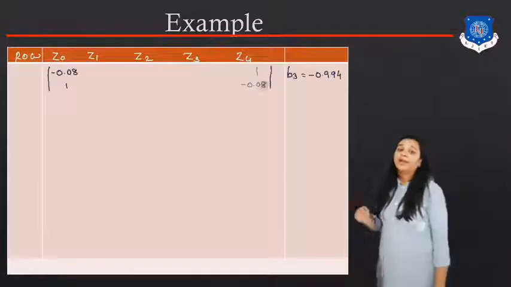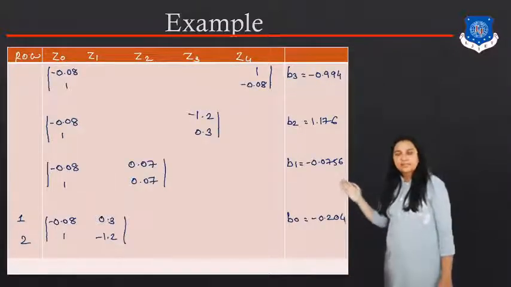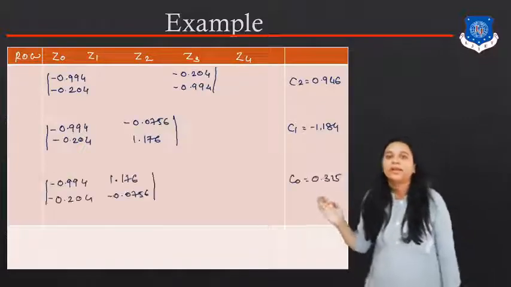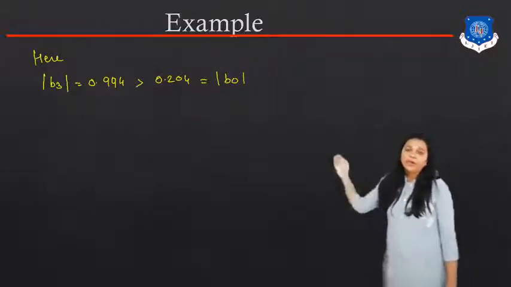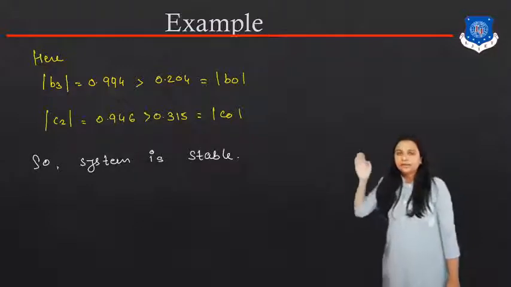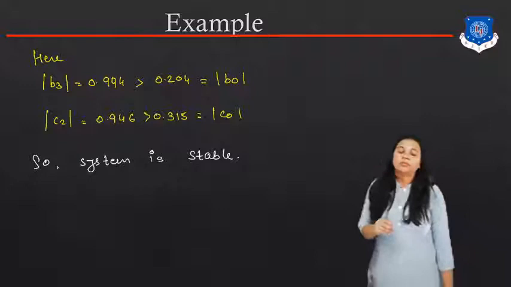Next we have to find the value of B0, B1, B2 and B3 using this table. Then using these values we have to find the value of C2, C1 and C0. And last we have to check if mod of B3 is greater than mod of B0, and mod of C2 is greater than mod of C0. That type of system is a stable system.